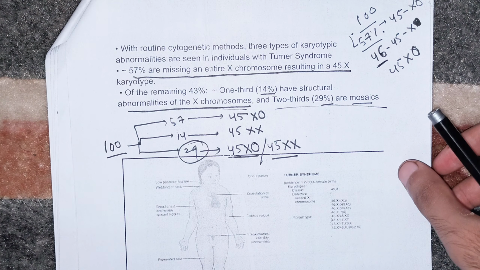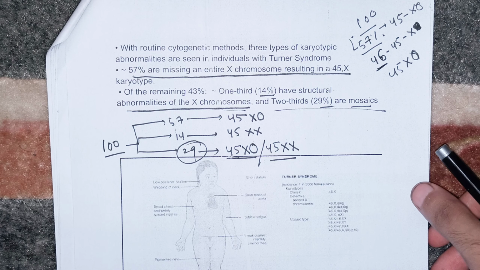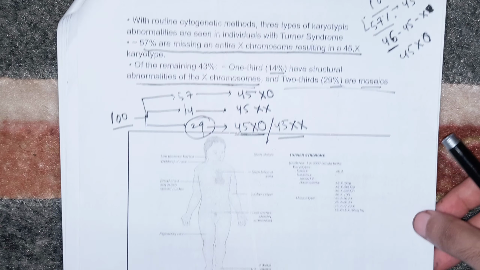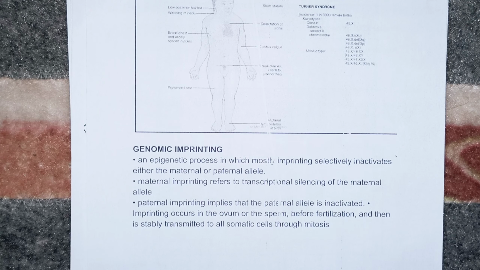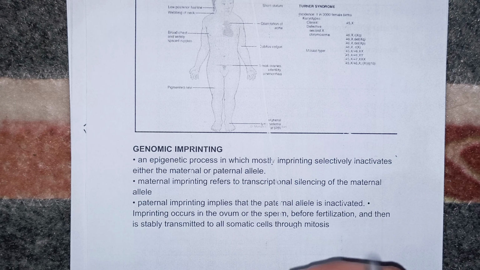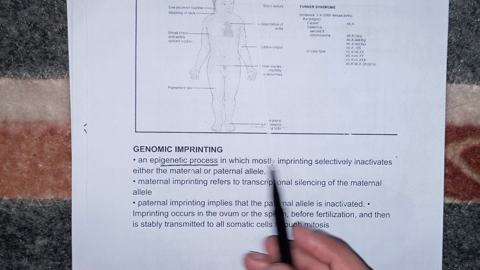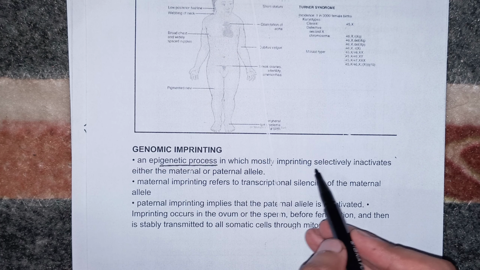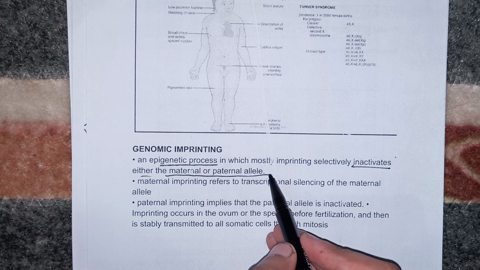Okay, now we are done with the autosomal chromosomal abnormalities and the sex chromosomal abnormalities as well. Few terms are left. Let's get done with that very quickly. What is genomic imprinting? Genomic imprinting is a normal procedure. It is the epigenetic process in which there is inactivation of either the maternal or paternal allele.